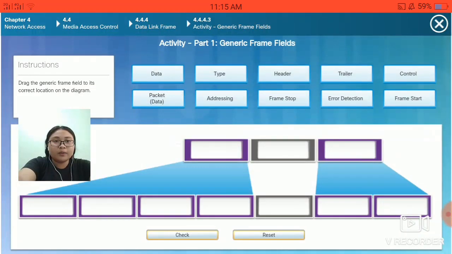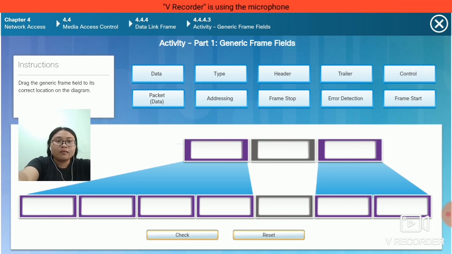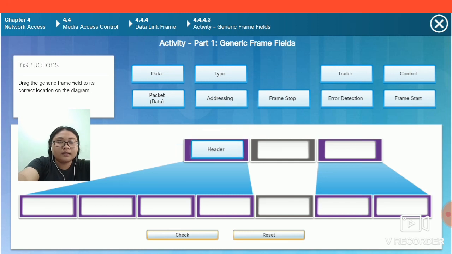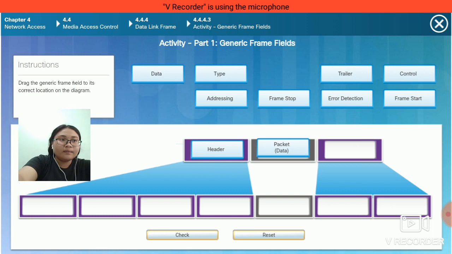Activity in Chapter 4, which is 4.4.3, entitled Generic Frame Fields. Instructions: Drag the generic frame field to its correct location on the diagram. The header is in this. The second one is the packet or data. The third one is trailer.